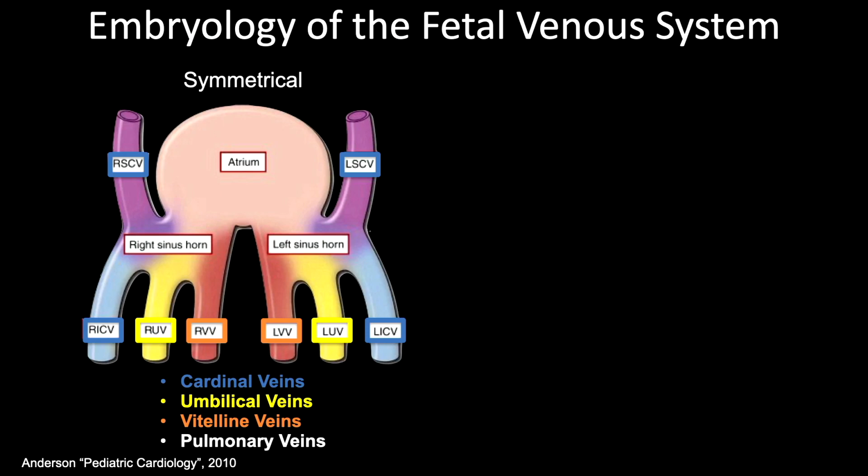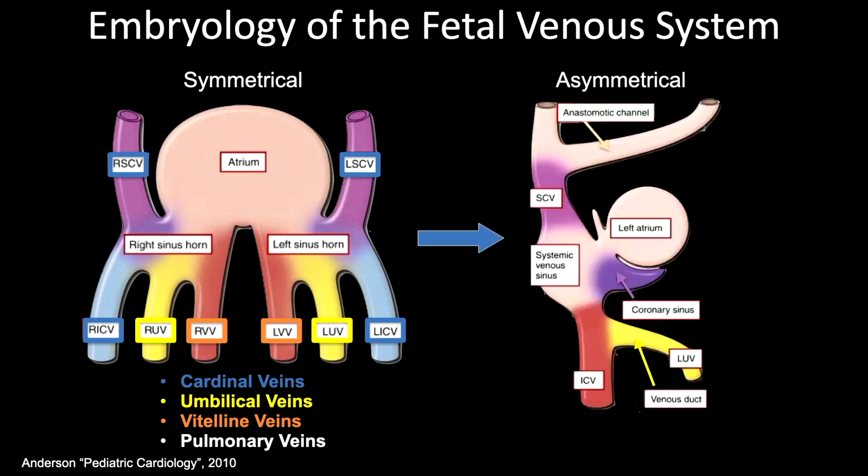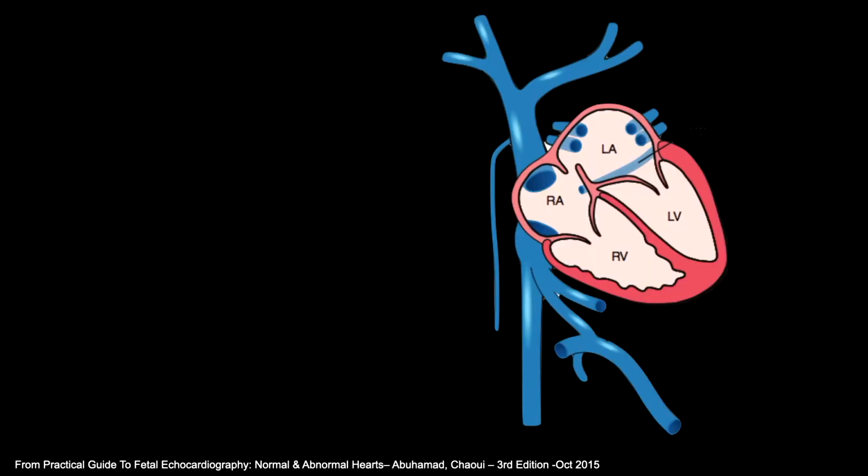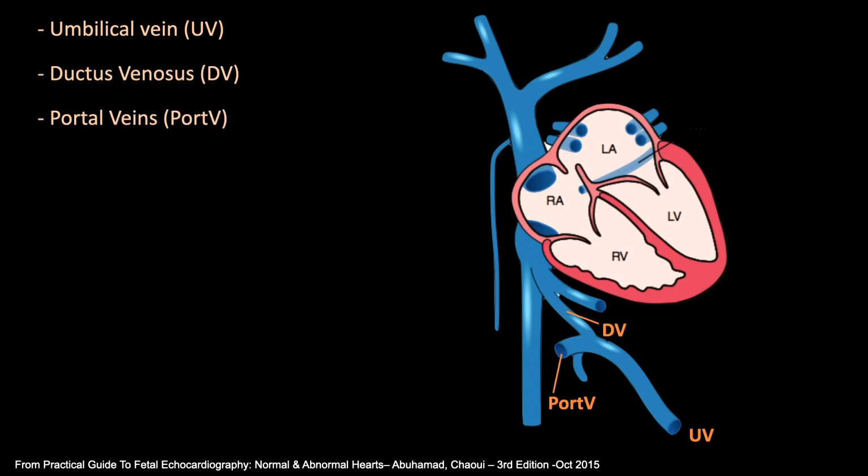So we go from a symmetrical system during embryogenesis to a system like this. And you can see the coloration actually determines what is the embryogenesis of these important elements in the systemic venous system. So this is replicated by this anatomical drawing where you could see the umbilical vein giving off the ductus venosus.